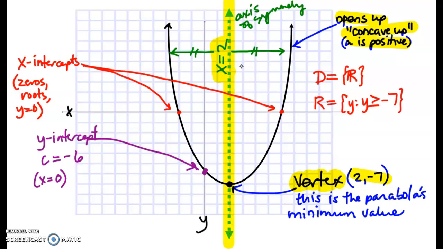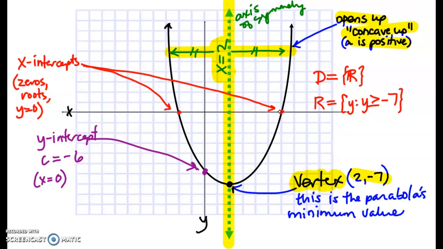The interesting thing, which may be obvious, is that the axis of symmetry divides the parabola exactly in half. So if you don't know where the axis of symmetry is, you could always count the number of graph pieces or the number of lines across the parabola and then divide it in half. And you could find the axis of symmetry.